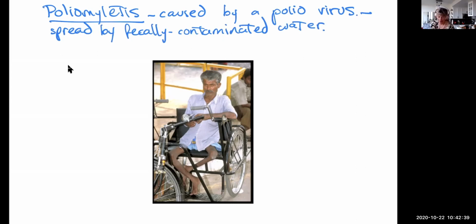And it causes weakness in the muscles by damaging neurons, because the neurons can no longer innervate the muscles.